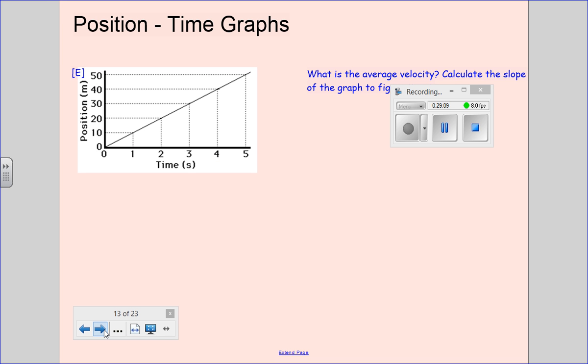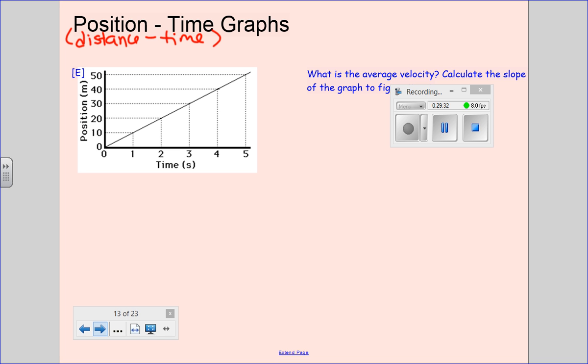The next thing that we need to discuss then are position time graphs. So the first thing I'd like to say is that a position time graph is a lot like a distance time graph in that things are set up the same way.